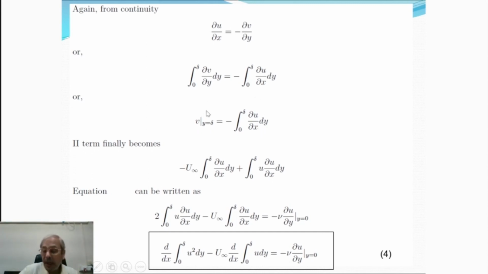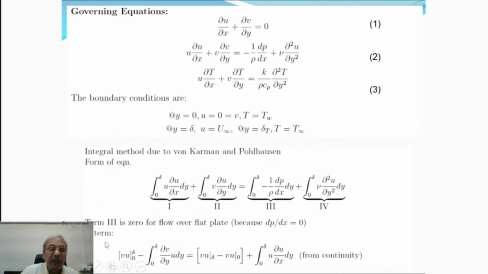So in the previous page, this integral second term is basically we got uv at delta minus uv at 0. u into v at 0, u is 0, v is 0, so u into v at 0 is 0, but uv at delta is non-zero, plus from here we got u ∂u/∂x dy integrated between 0 to delta.